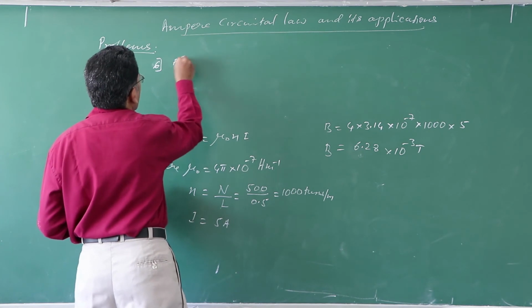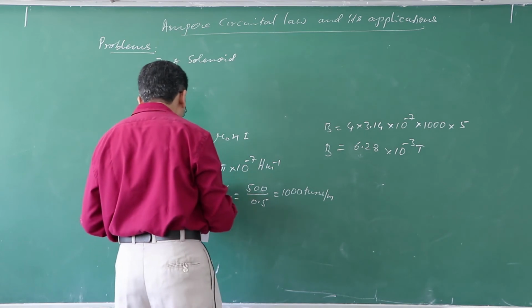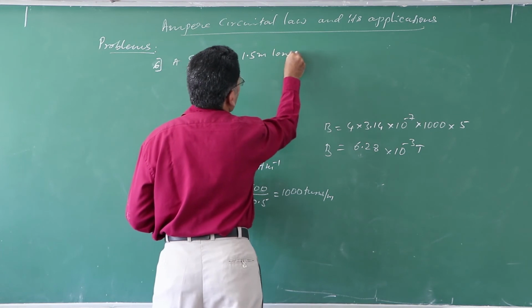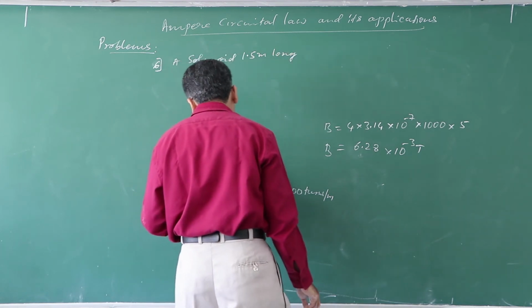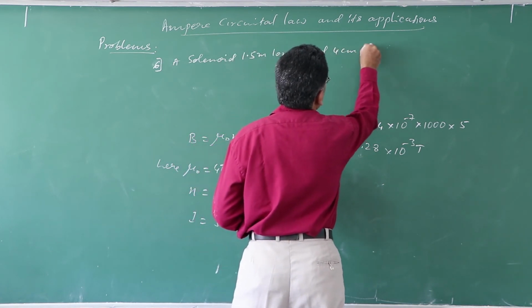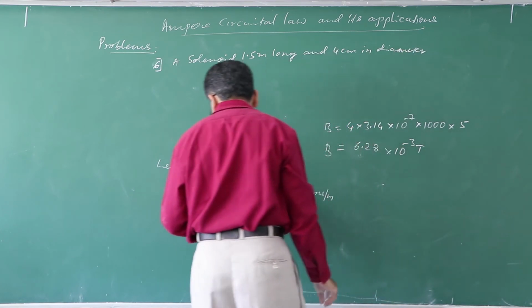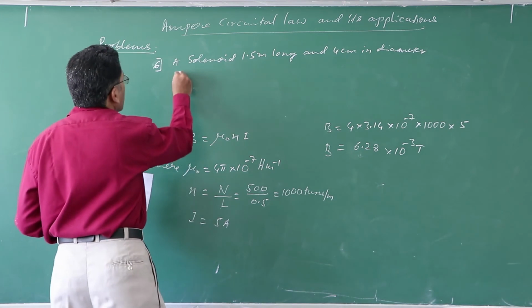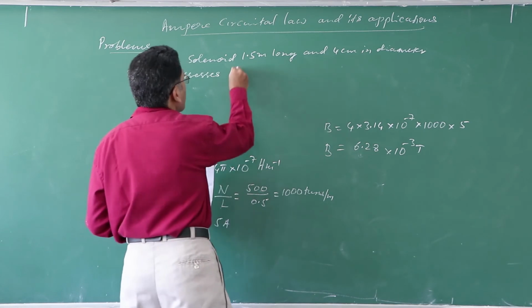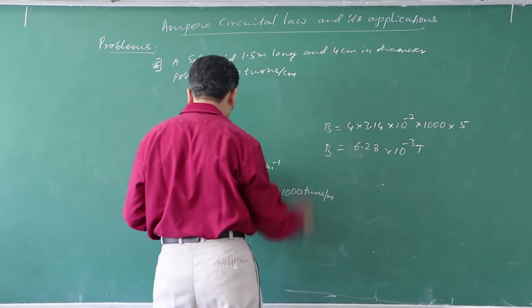A solenoid 1.5 meter long and 4 centimeter in diameter possesses 10 turns per centimeter.